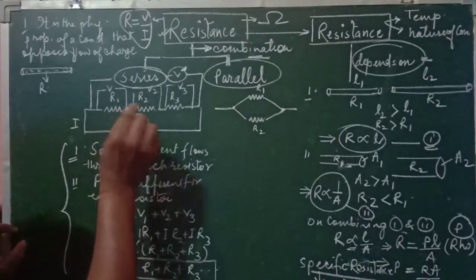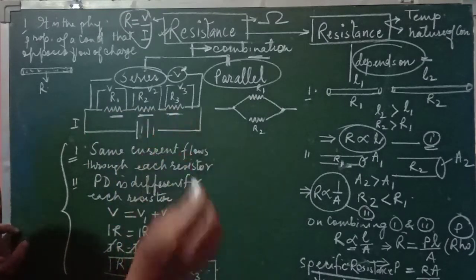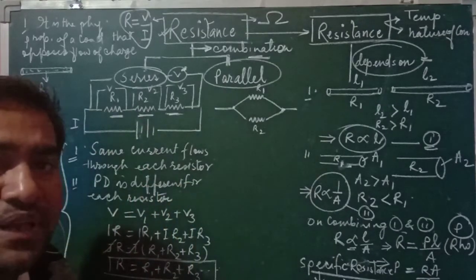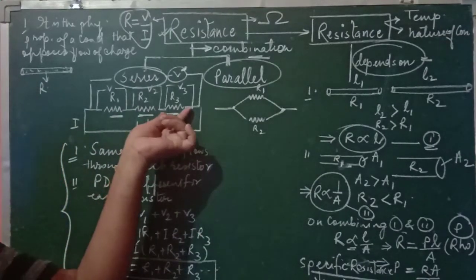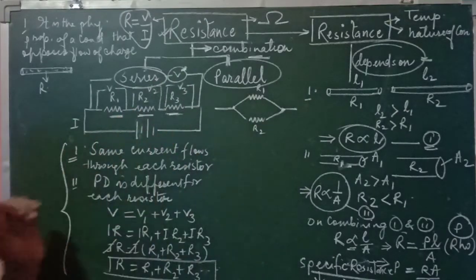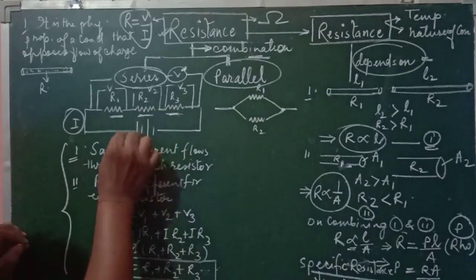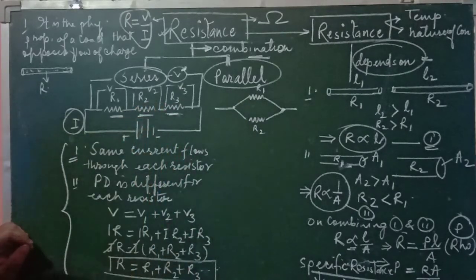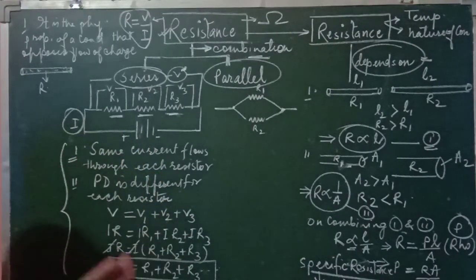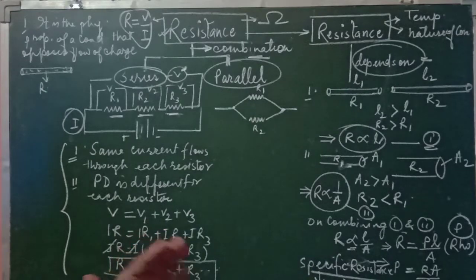And different appliances will require different amounts of electric current as per their resistances. But here we are providing them the same current, so no one will work properly. Each device requires electric current as per its resistance.